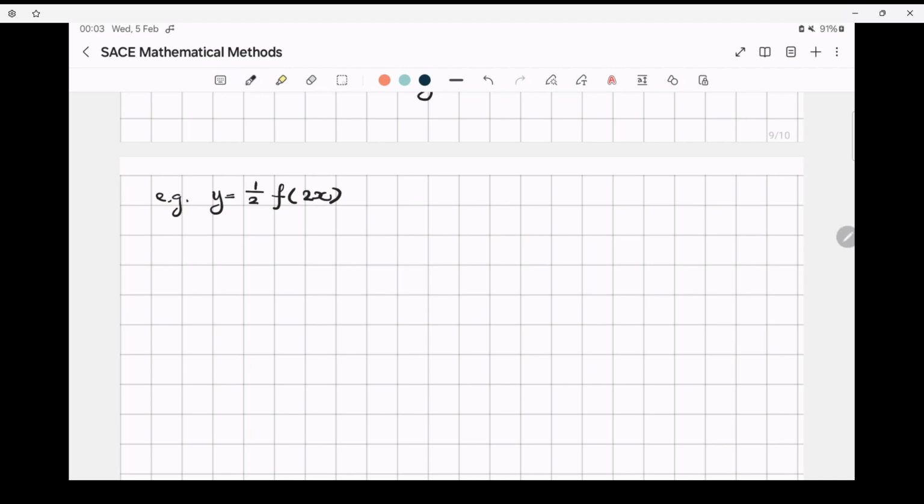Let's say your original function is y equals f(x), and you transform into y prime equals 1 over 2 f(2x). So what kind of transformation did it go through? The first one would be compression in y direction by a factor of 2.